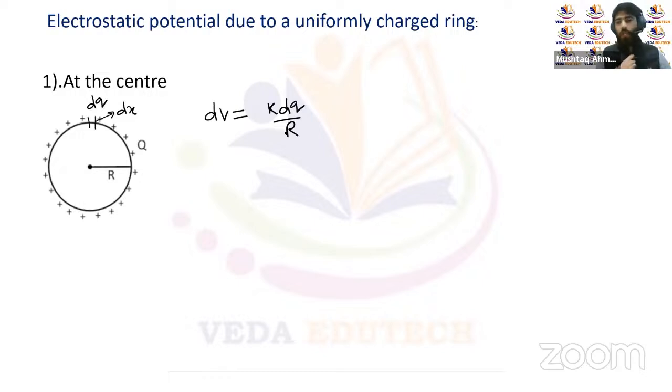Now, in order to calculate the total potential at the center of this ring, we will integrate over the whole circumference, and then we'll get the total potential. If we integrate on both sides, k and R are constants, so they will come out of the integral, leaving the integral of dq.